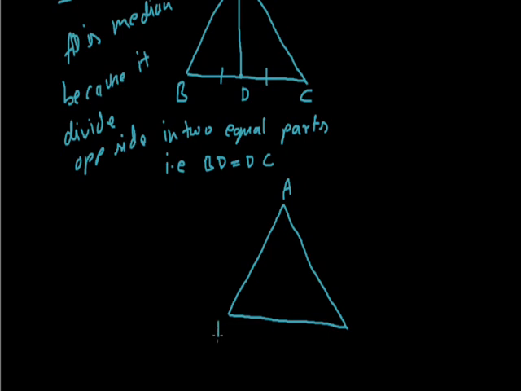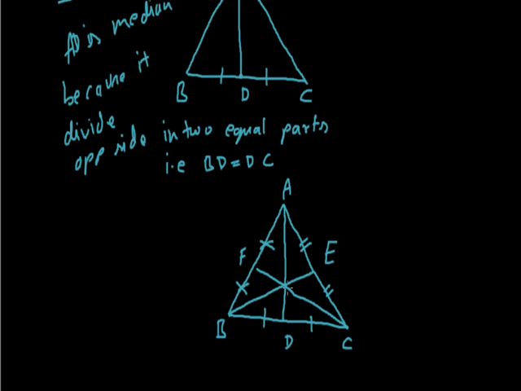Let's say this is a triangle ABC. Let's say AD is a median which divides BC into two equal parts, and there is a median BE which divides AC into two equal parts, and there is a median CF which divides AB into two equal parts.